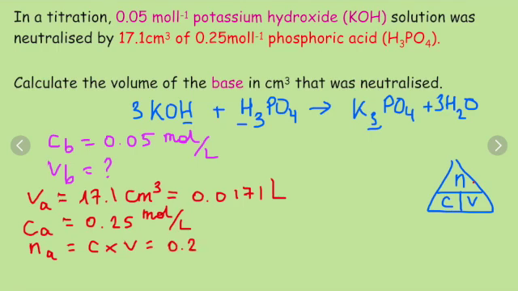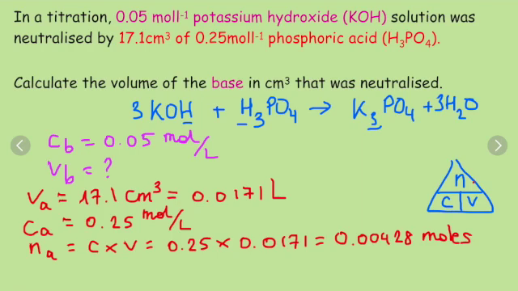So 0.25 times 0.0171. And this is, let me put it in my calculator, 0.00428, rounding up, moles.